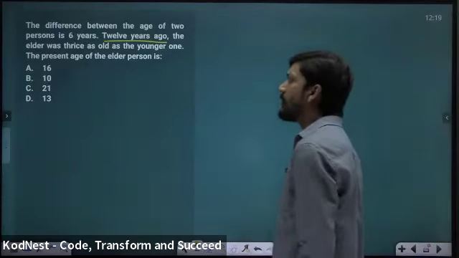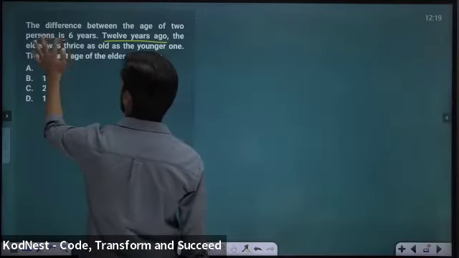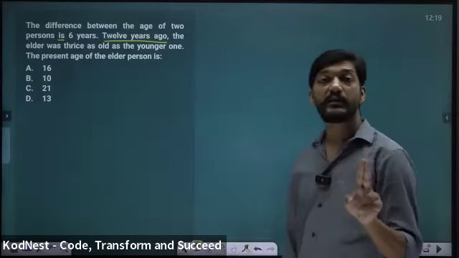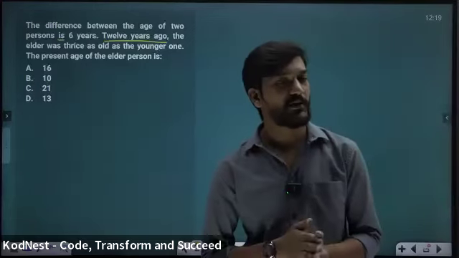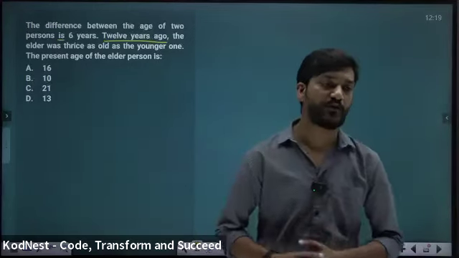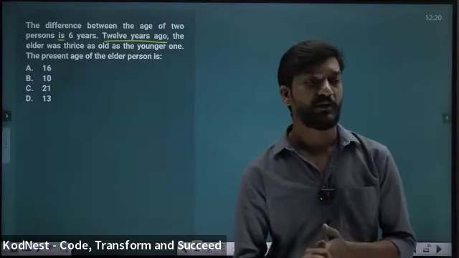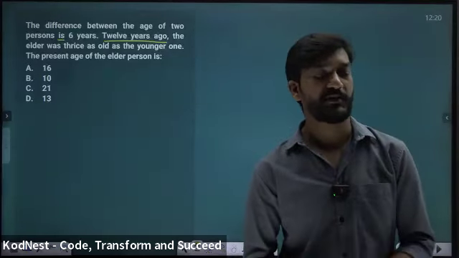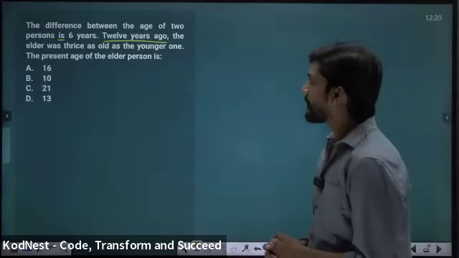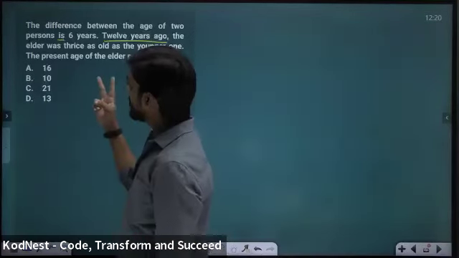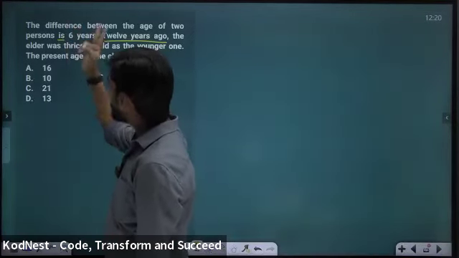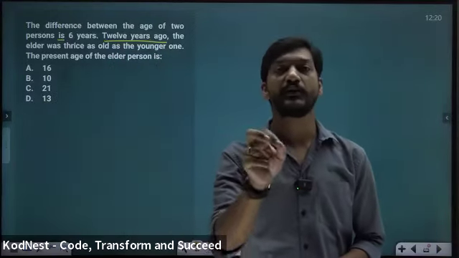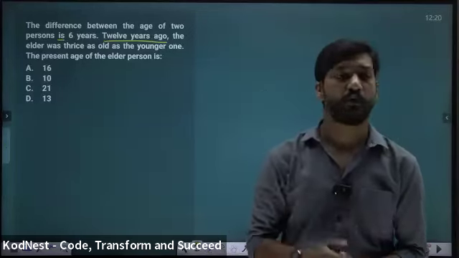Now carefully answer. The difference between the age of two persons is 6 years. Is means present or past or future. What is the meaning of is? Present. Now carefully answer. Two persons, age difference 6 years in the present. Think two persons are you and your brother or sister, whatever you have.